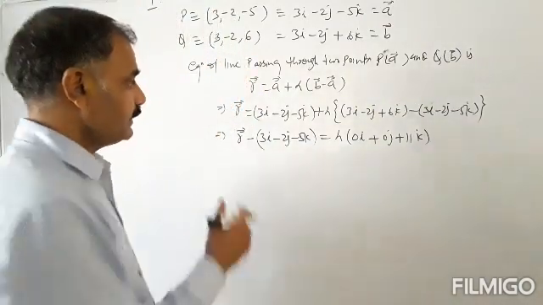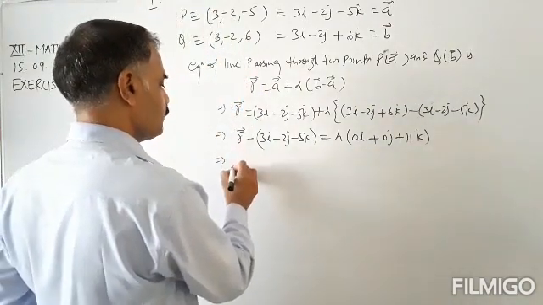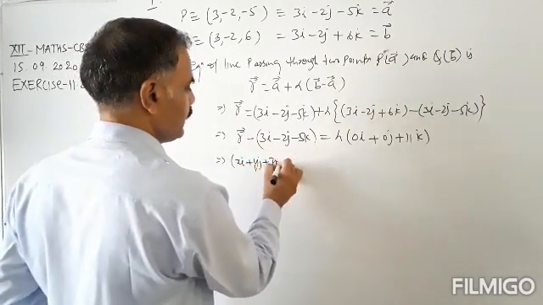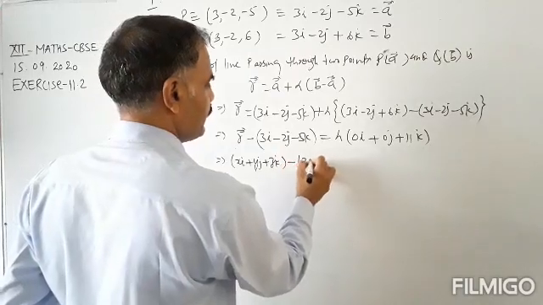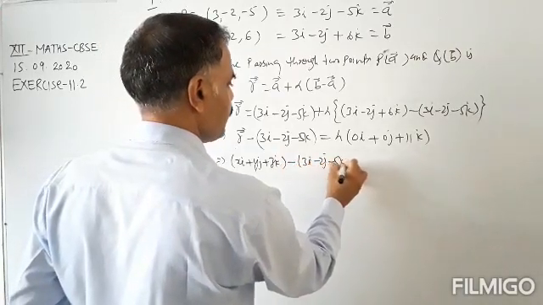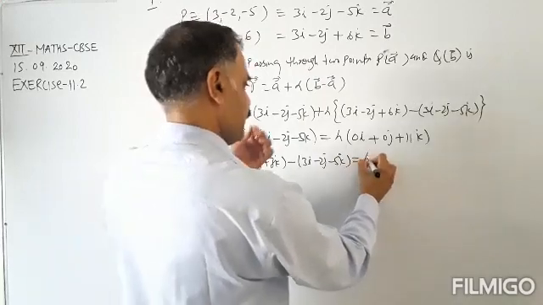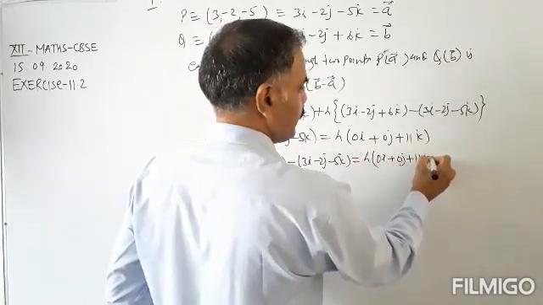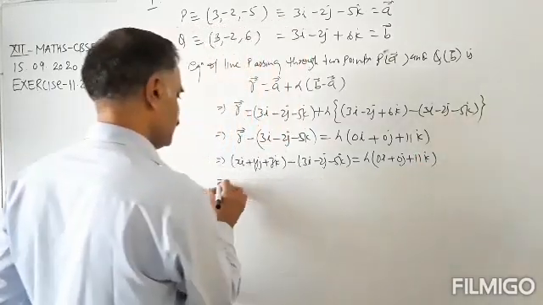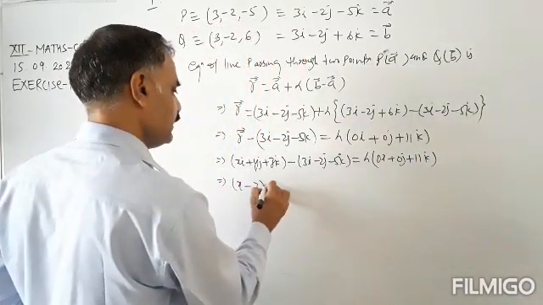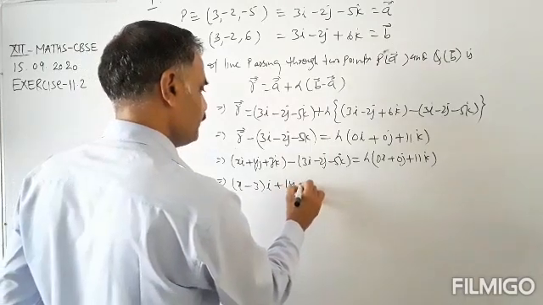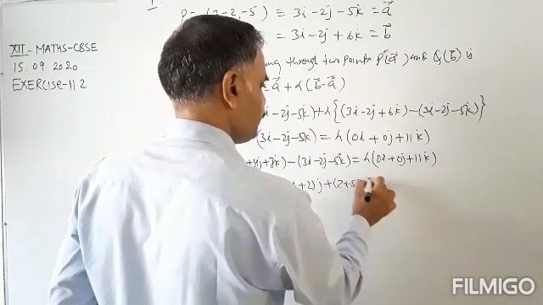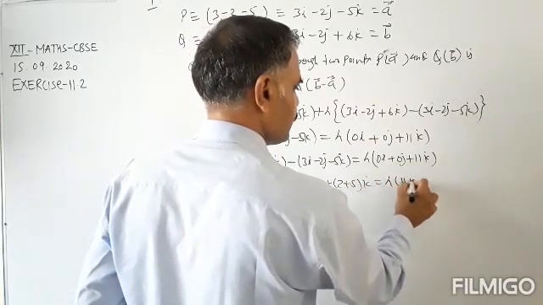Putting r vector equals xi cap plus yj cap plus zk cap, minus 3i cap minus 2j cap minus 5k cap equals lambda into 0i cap plus 0j cap plus 11k cap, that is (x minus 3)i cap plus (y plus 2)j cap plus (z plus 5)k cap equals lambda into 11k cap.